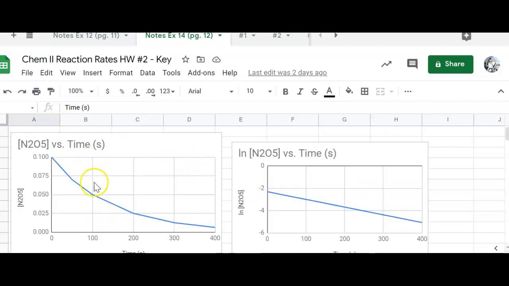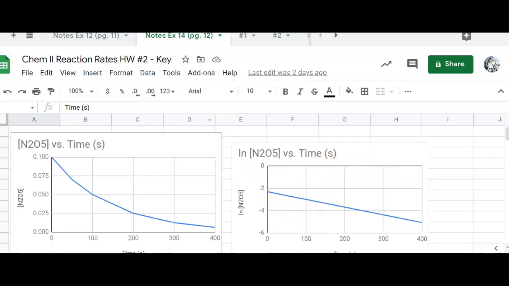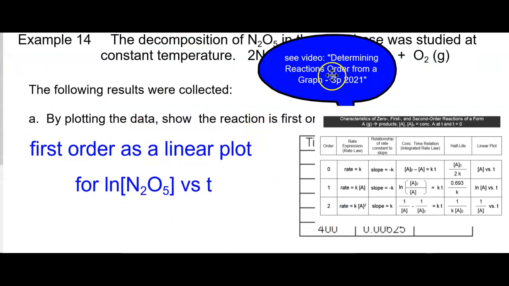So this is concentration versus time, zero order, natural log of concentration versus time, first order, and inverse concentration versus time, second order. You can see the most linear plot is first order, so that's how we verify it. So from the assignment video, you were able to make the plots on that Google Sheet, and you would then write this statement to support answering question A. First order has a linear plot for natural log of concentration versus time.